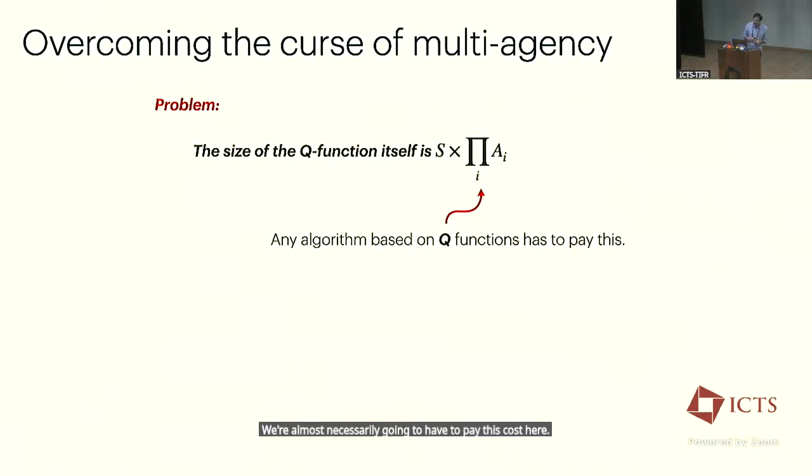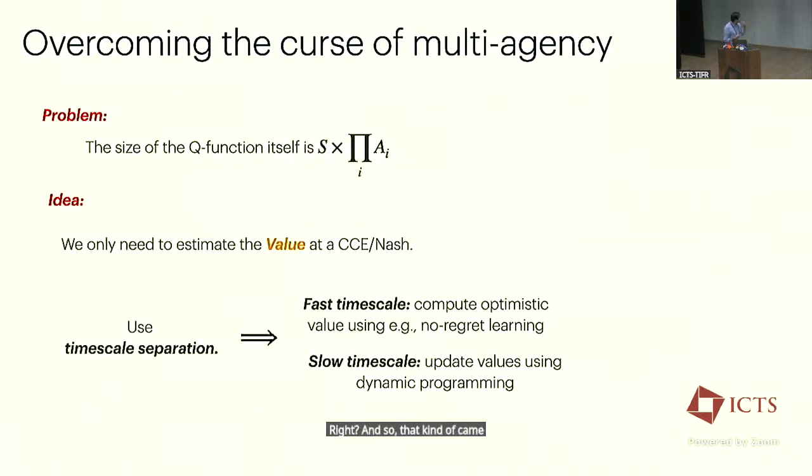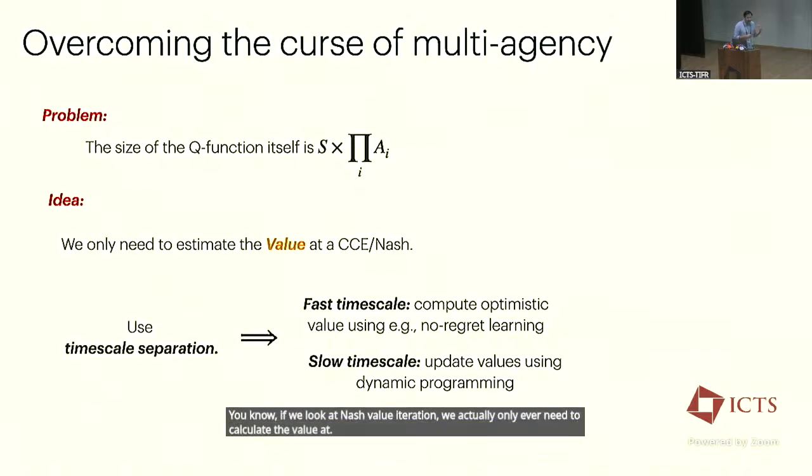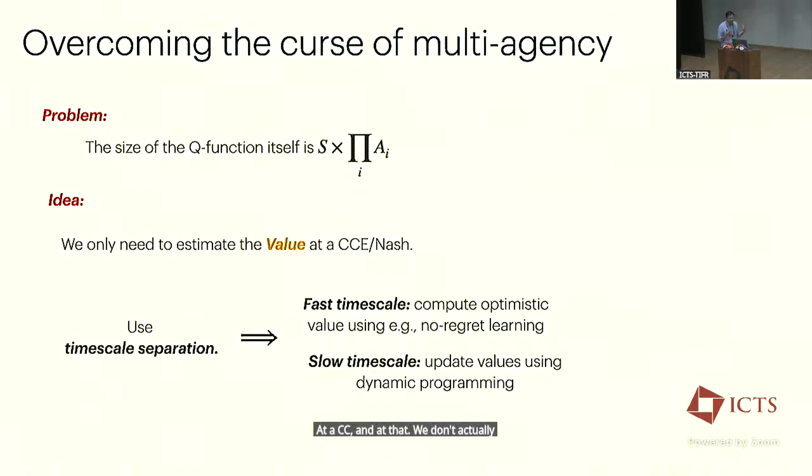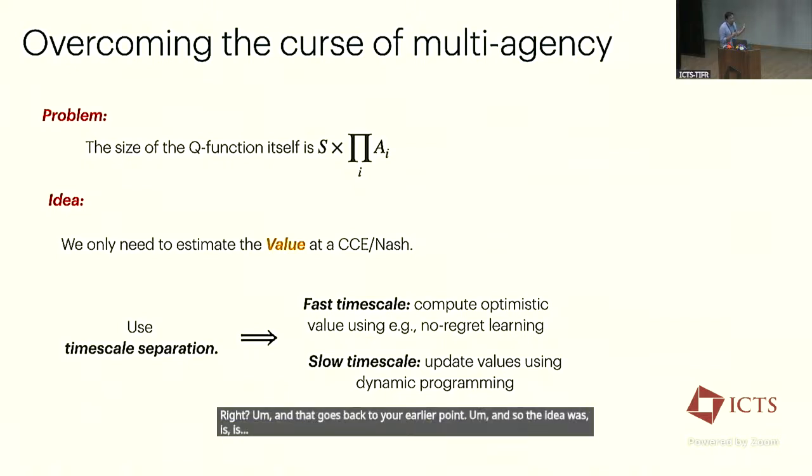That led to a new idea: if we look at Nash value iteration, we only ever need to calculate the value at a CCE and a Nash. We don't actually ever need to compute the Q value, and that goes back to your earlier point. So the idea is, could we come up with an algorithm that only operates based on values in games?